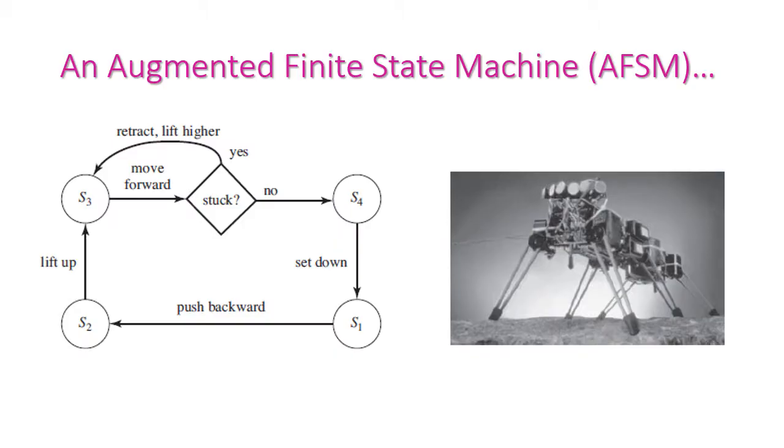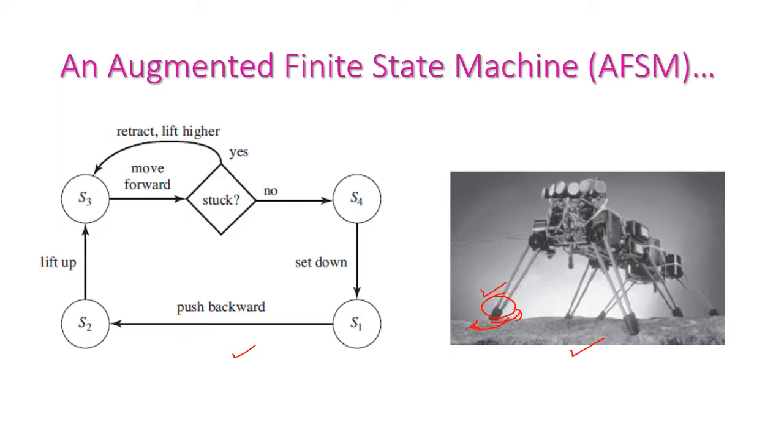And this is the simple finite state machine for a robot. This particular robot is a 6 legs robot, but this is used to control only a single leg. Okay, so this diagram is used to explain how the robot's single leg will swing. Swing means it will move backward and forward. Okay, this is called swinging.